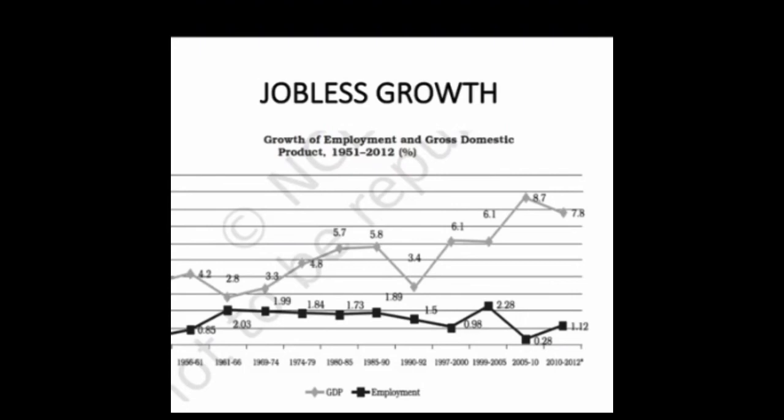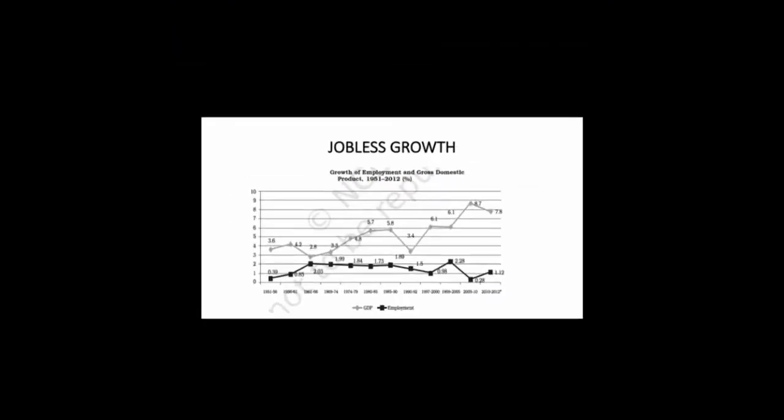This indicates that GDP has grown at a faster rate than the rate of growth in employment. This concept is known as jobless growth. When GDP grows faster and the growth in GDP is not accompanied by the similar growth in employment, the concept is known as jobless growth. Let us study about it further.